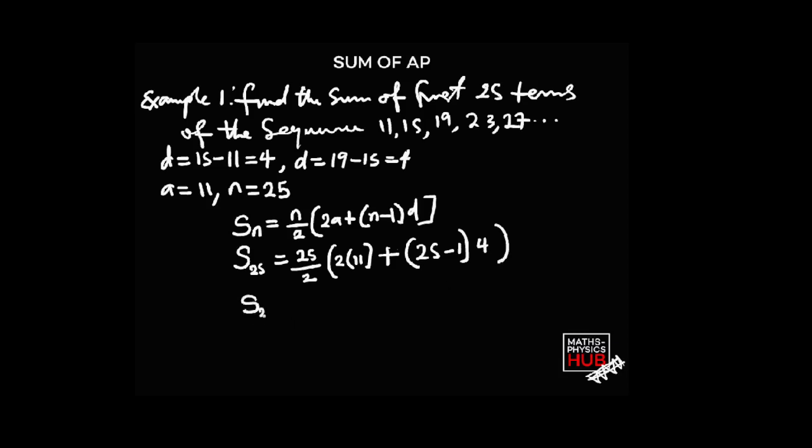So the sum of the 25th term is now going to be 25 divided by 2. Let's still leave it like that because it's still going to give us a fraction. So let's still leave it as 25 over 2. 2 times 11, 22, plus 24 times 4. Now, before you go on, this is mathematics, not further mathematics.